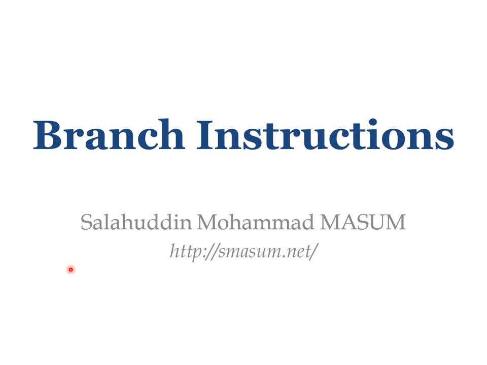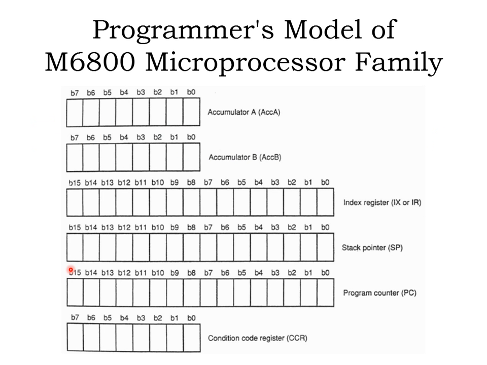So let's look a little bit at the programmer's model. Remember, this is the list of the registers we have in the architecture we are using. Now in this architecture, so far we talked about accumulators, we talked about the condition code register where we have all the flags.